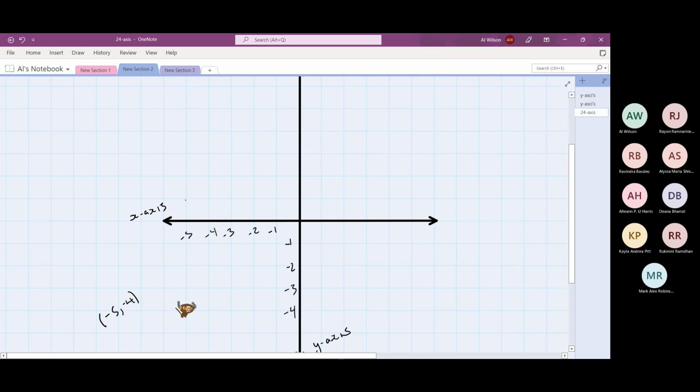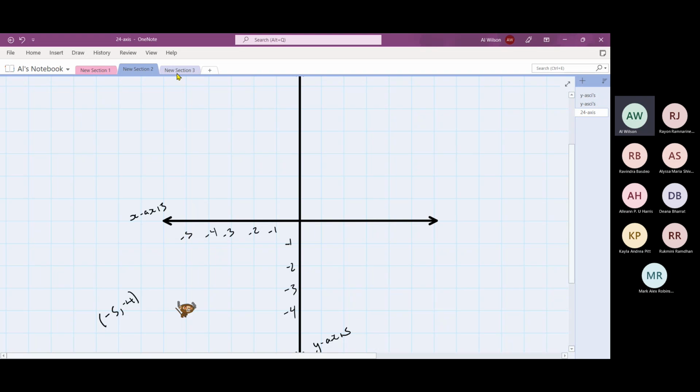What you do again is you look where x is, we come down, we see it's -5. We go across, we see it's -4. And of course, that is your answer. So everyone is comfortable with this now? Yes, sir.